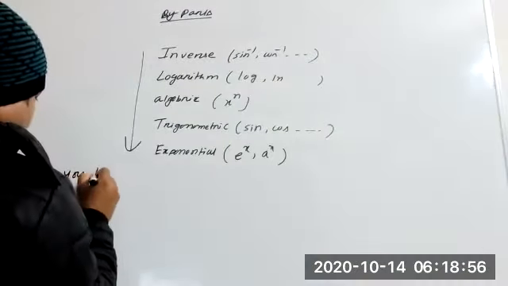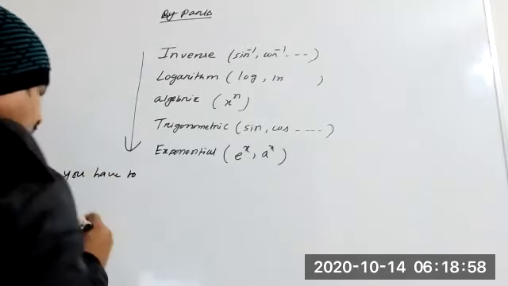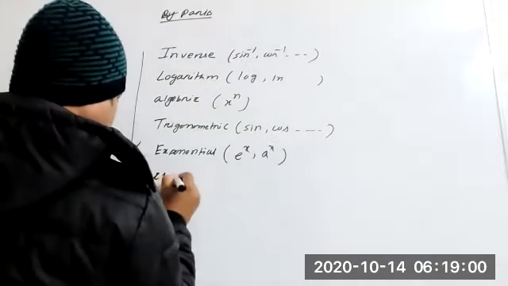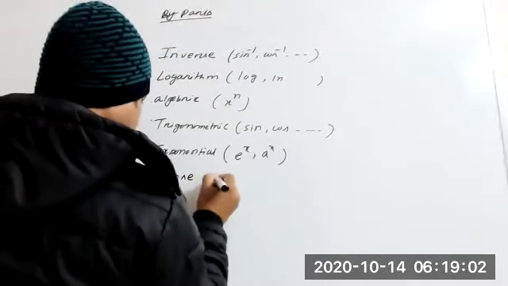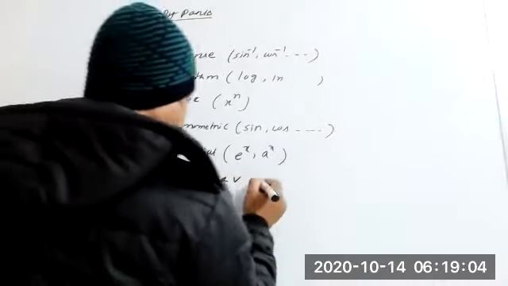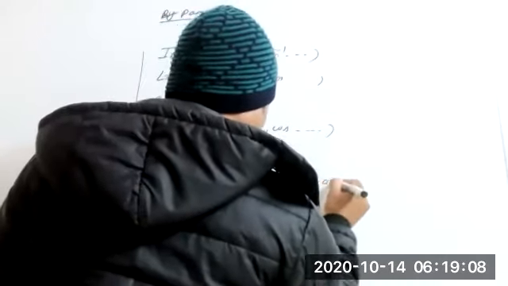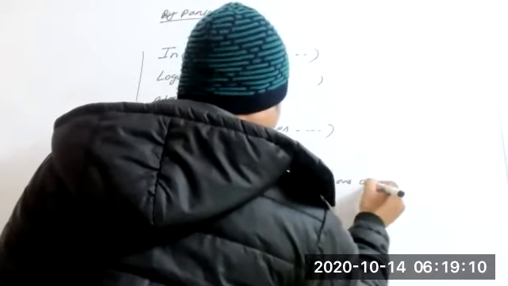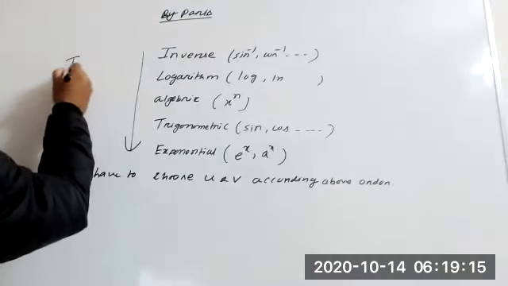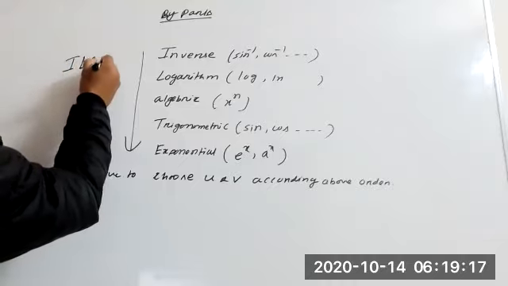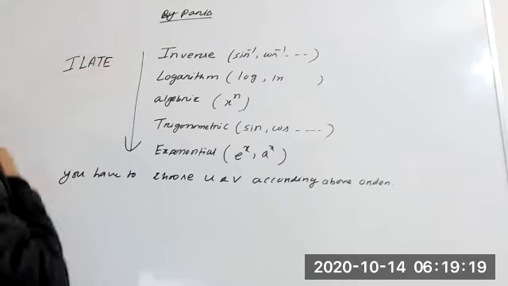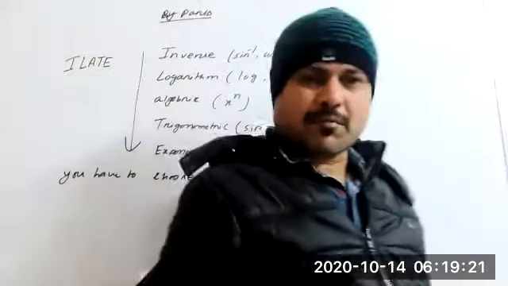You have to choose u and v according to the above order. And this is called ILATE. This formula is called ILATE.